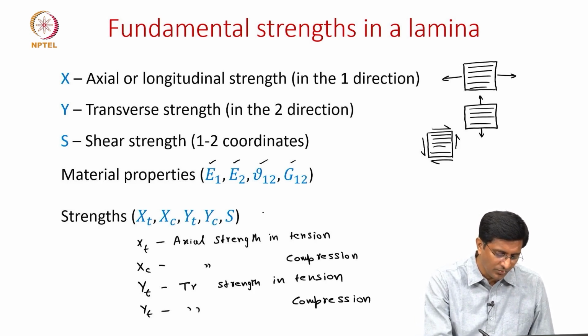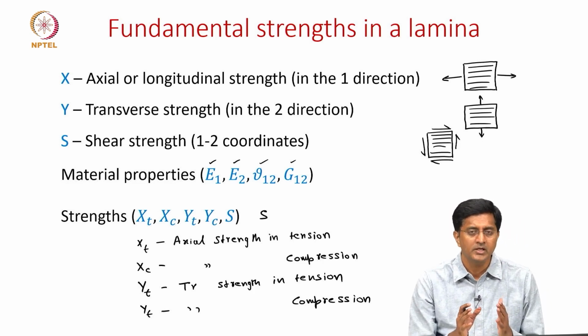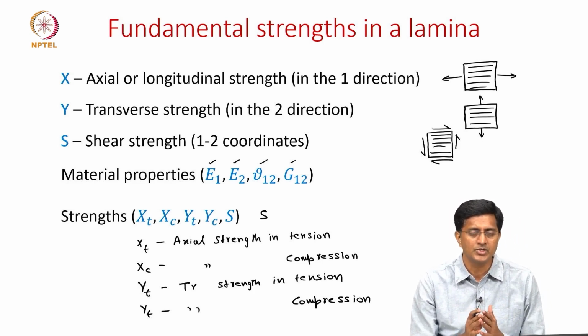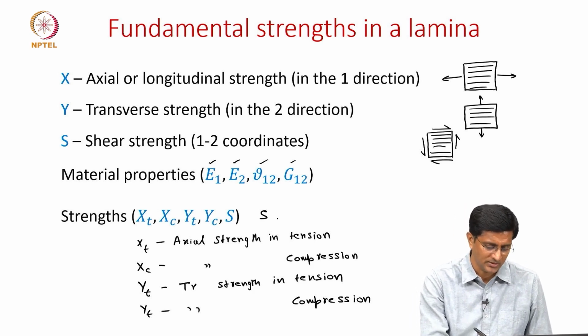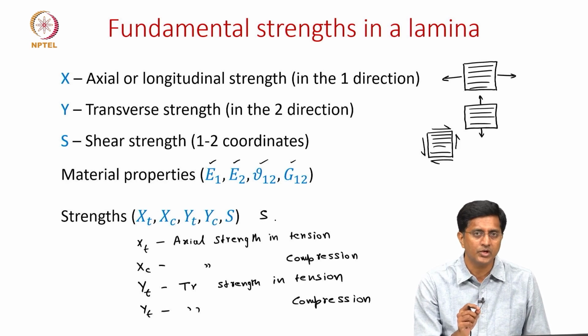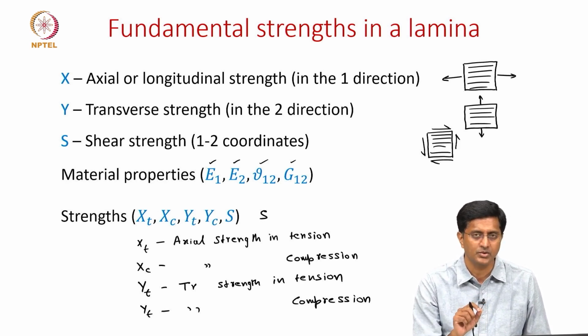But when we look for the shear strength, we see that either we apply the positive or the negative shear, it doesn't matter. Both give you the same equivalent stresses along the fibers. So both the loadings will end up with the same strength S. This is only true if you are applying a pure shear in the material coordinates as shown here.